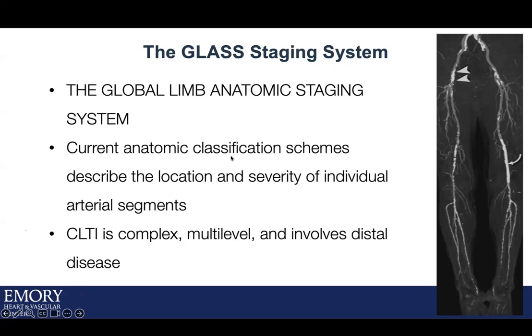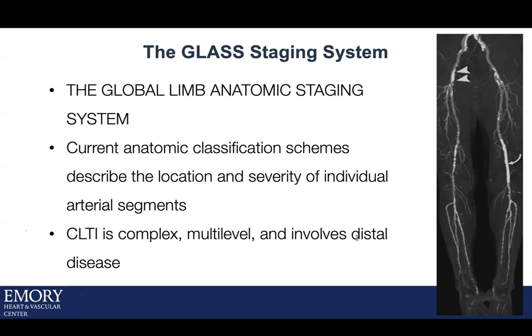You have to fix the whole thing. You have to make sure the blood is flowing all the way down to the foot. And the individual lesion schemes, such as the TASC score that we talked about last time, correlate poorly with CLTI revascularization, because CLTI is a multi-level disease with below-knee disease.